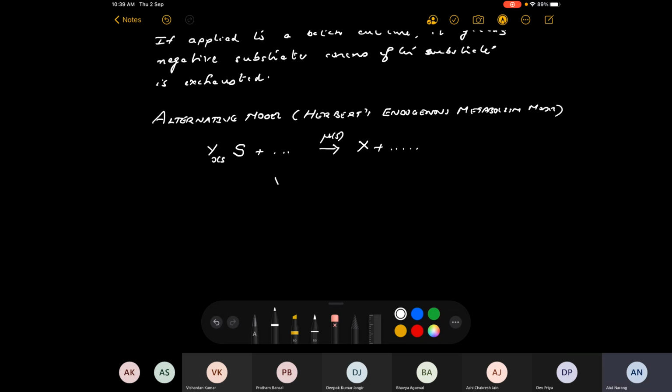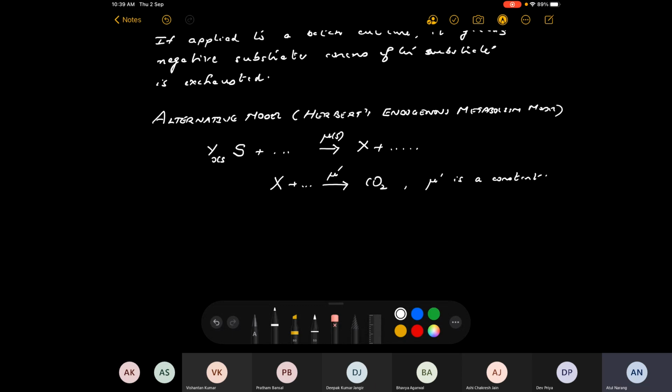So the second step has the form X goes to CO2, given the symbol mu prime, where mu prime is a constant. A constant product formation rate does not give problems. It is a constant reactant consumption rate that leads to problems.